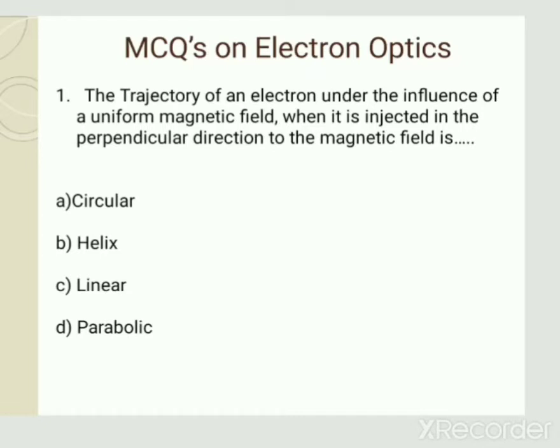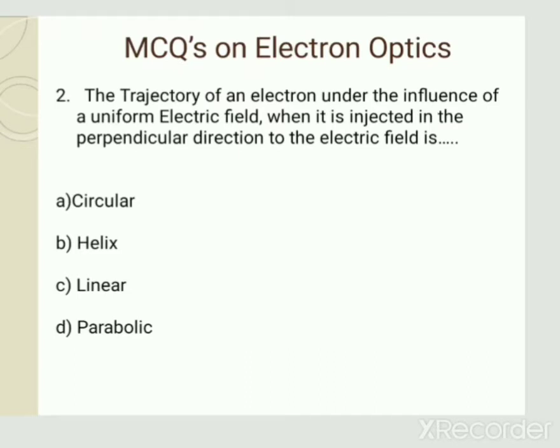So when the electron enters in perpendicular magnetic field, because of magnetic force acting on the electron, electron moves in a circular path. So the correct answer of this question is option A, that is circular.